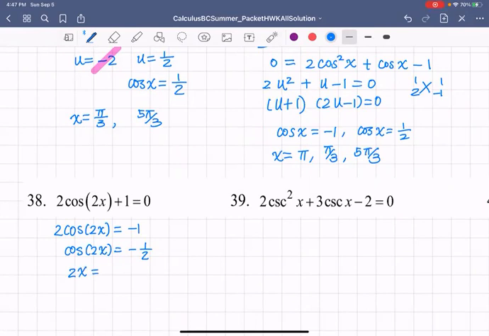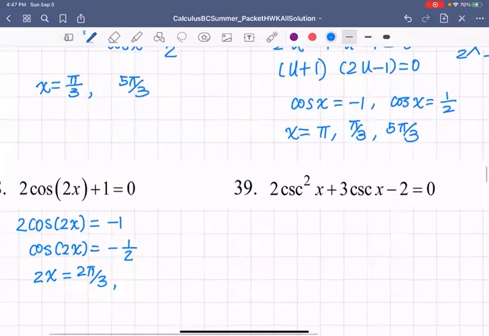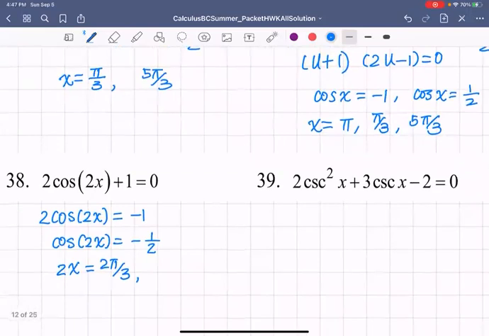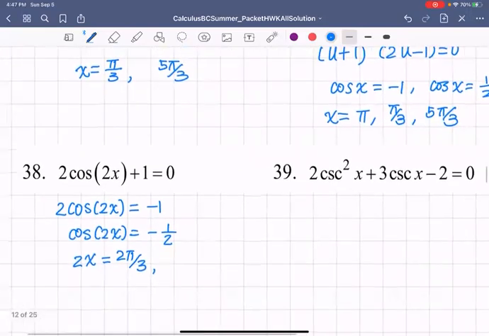Remember cosine of -1/2, unit circle. You don't remember unit circle at all. You need to work hard to cover your unit circle. The very first class, you almost forget everything.